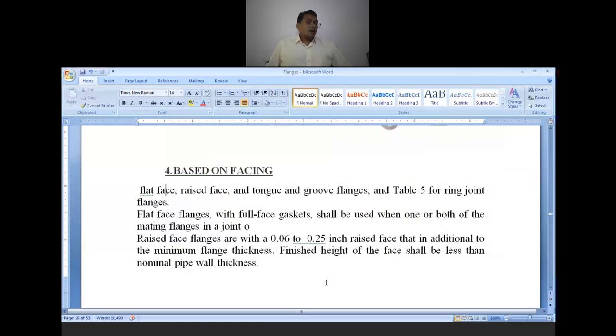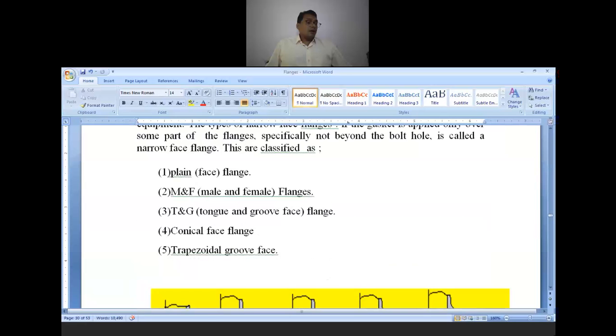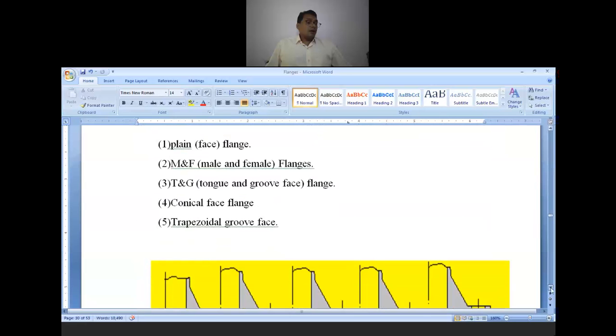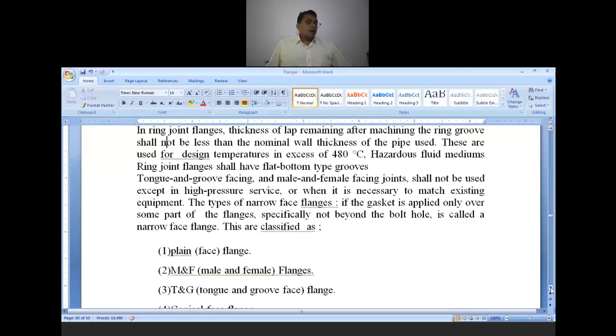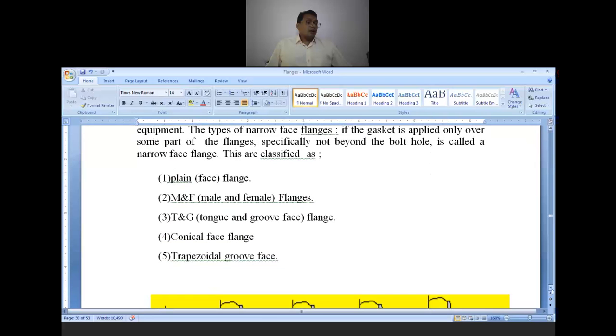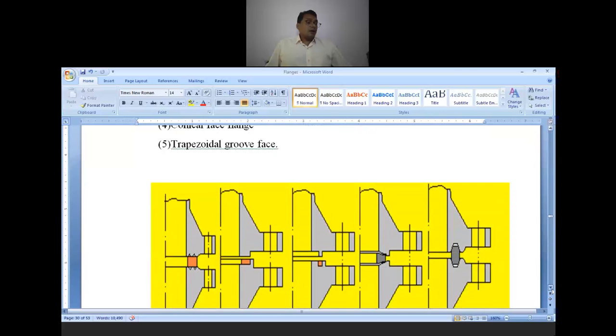Then based on the facing: flat face, raised face, then tongue and groove flanges. Now you can see here the plain face flange, then male and female flanges, tongue and groove flanges, conical face flange and trapezoidal groove face flange.